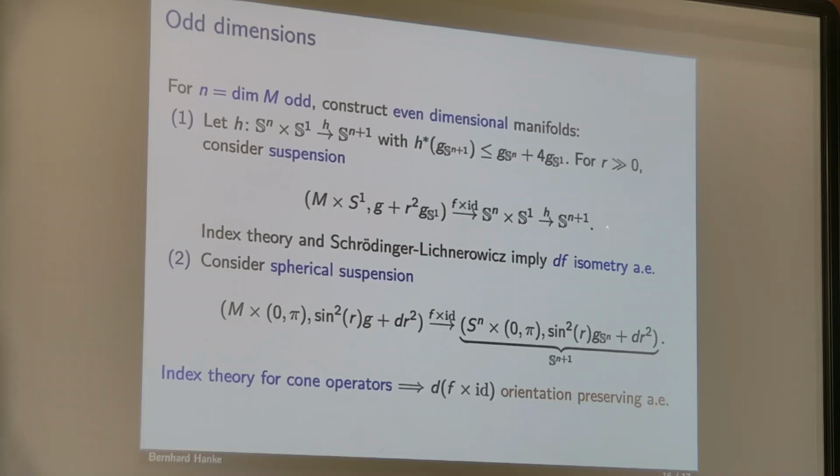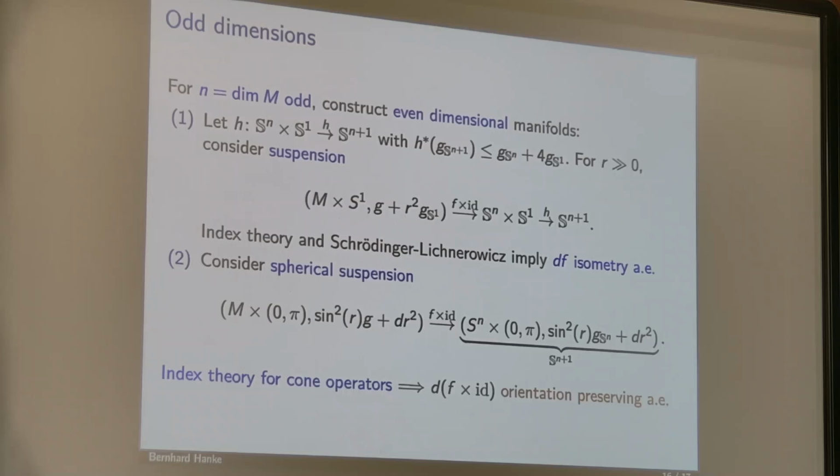The Euler characteristic of this sphere here is still non-zero, whereas the Euler characteristic of an odd-dimensional sphere is 0. But here it's non-zero, so we are fine. We get these non-trivial sections, and then we can let R go to infinity, and M has the spinor field. And this allows us to prove that df is an isometry almost everywhere, as before.